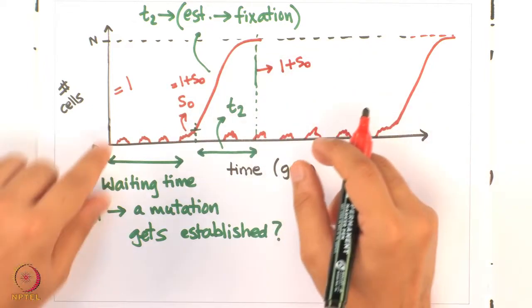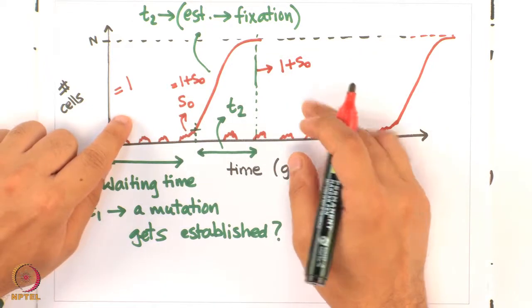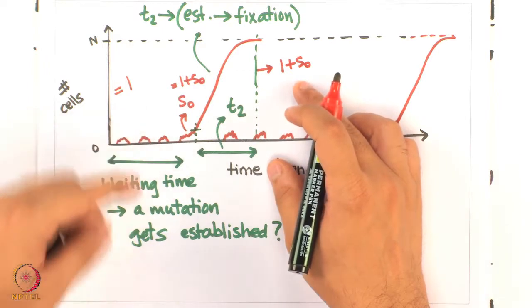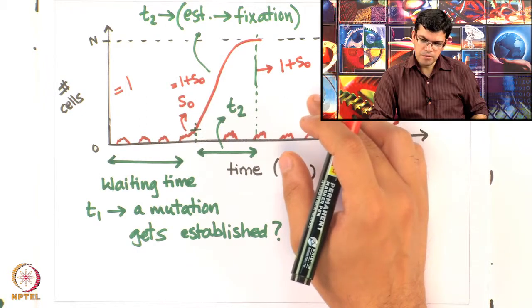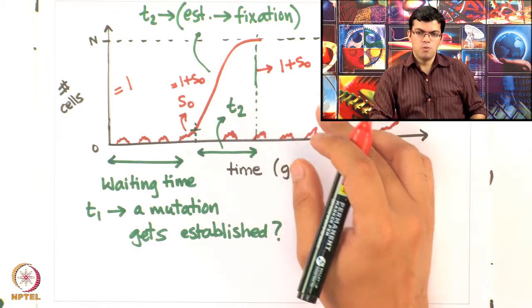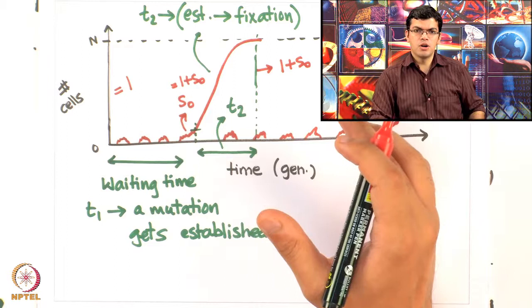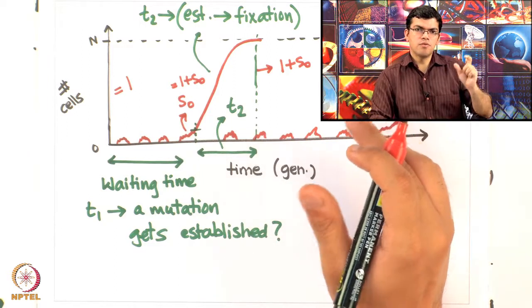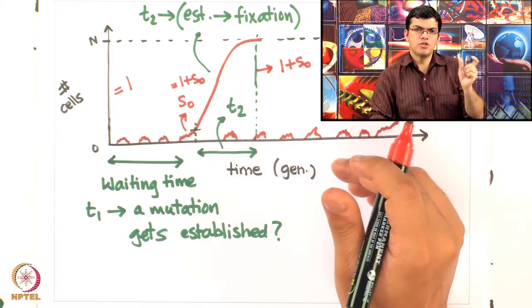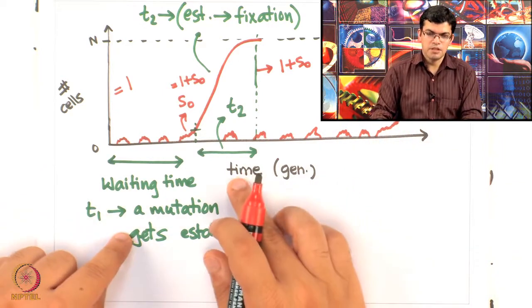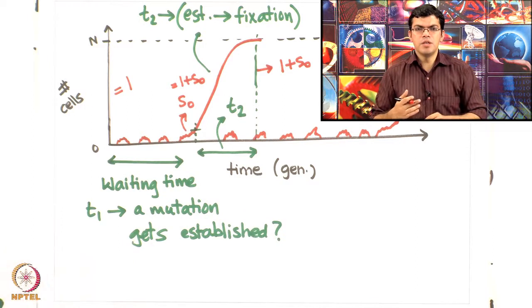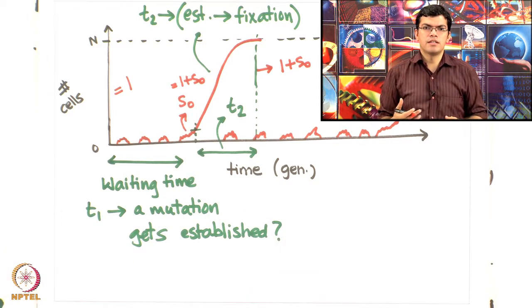Since the fitness of every individual has changed from 1 to 1 plus S0, the mean fitness of the population has gone up from 1 to 1 plus S0. That means a change of S0 has taken place in time T1 plus T2, and that gives me the speed of evolution in that sense.